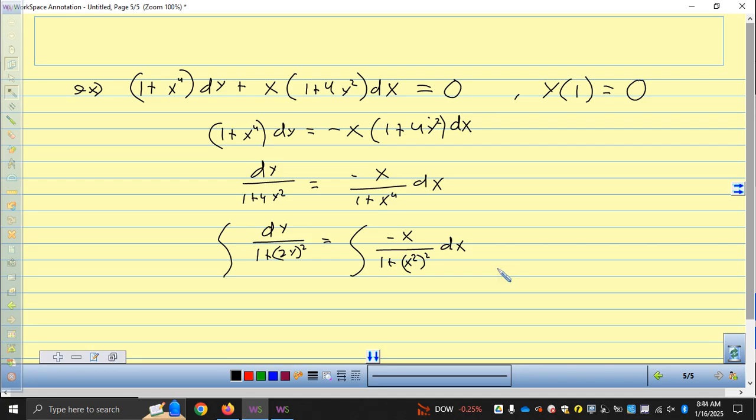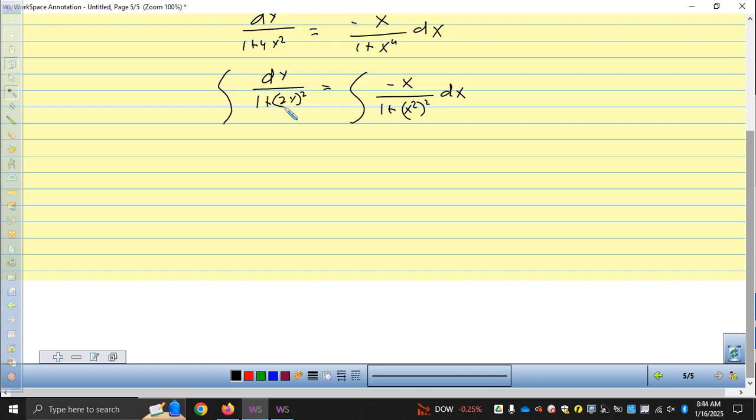These are both inverse tangents. So here, if u is 2y, du would be 2 dy. So we have 1/2 inverse tangent of 2y equals, and here, if u is x squared, du is 2x dx. So we have minus 1/2 inverse tangent of x squared plus c.